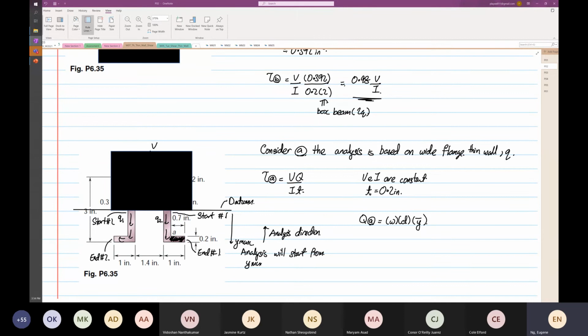The width over here is 0.7, the depth is 0.2, and Y bar is 1.5 minus 0.2 divided by 2. So this becomes 0.7 times 0.2 times 1.5 minus 0.1, which is equal to 0.196 inches cubed.